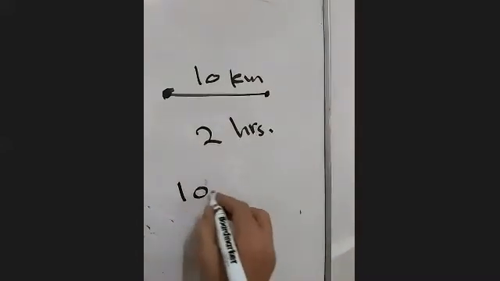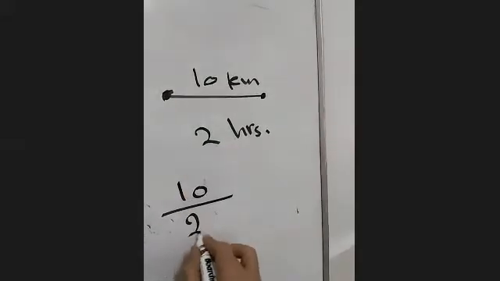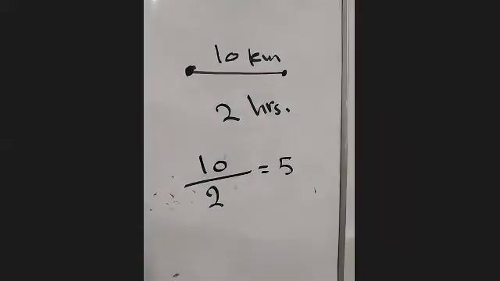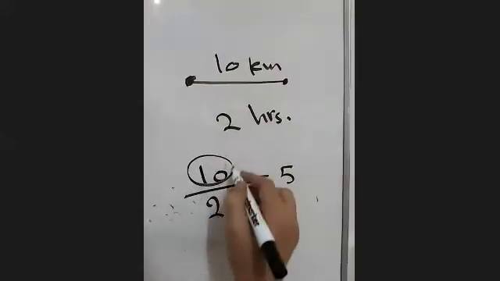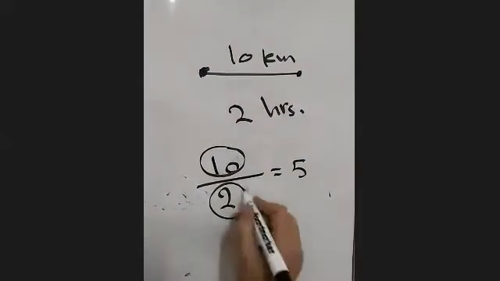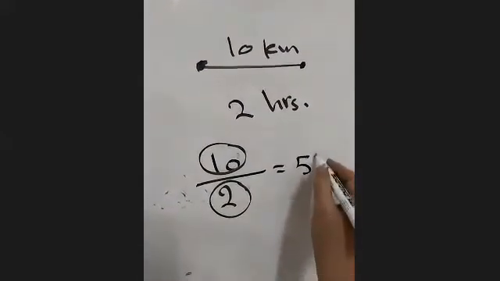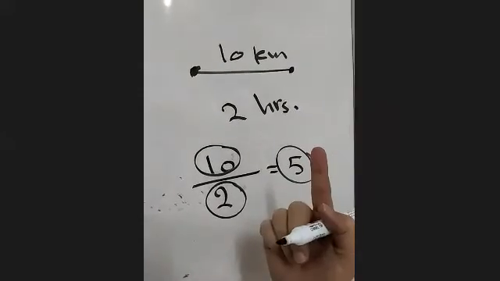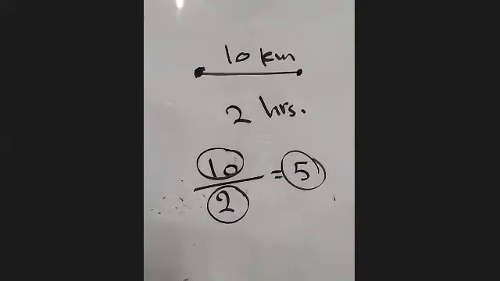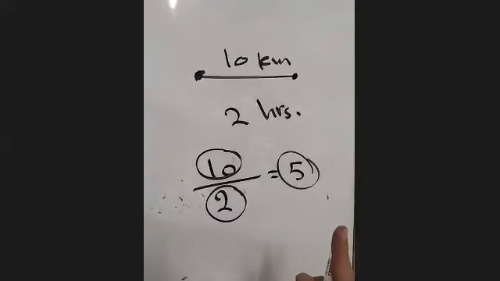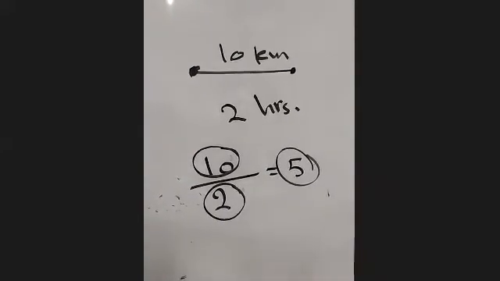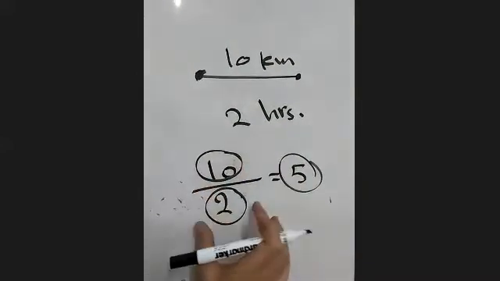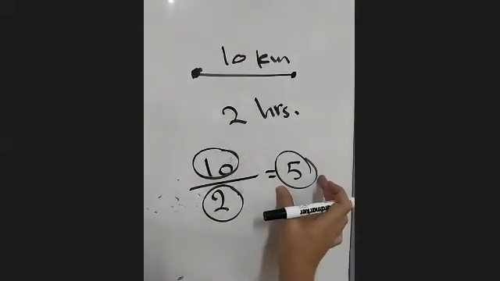You divided the total distance by the number of hours to get the answer, the 5. Got it? Yes. So 10 is the total distance. 2 is the number of hours which you have. And 5, what is the 5? It is the number of kilometers per hour. Each what? Each hour. Do you understand the idea? Yes.